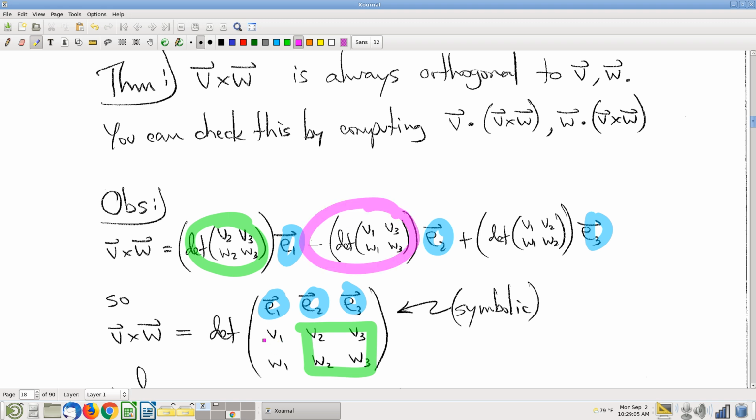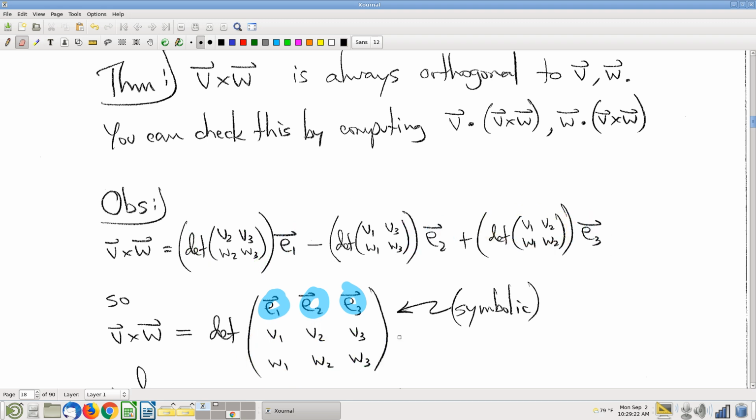This is exactly what you get when you cross out the first row and the second column, and then this is exactly what you get when you cross out the first row and the third column. So weirdly, not only do 2 by 2 determinants show up with cross products, but in a way 3 by 3 determinants show up as well. And that's really weird. But algebraically, it's just a matter of writing it down. Well, oh my gosh, it works.